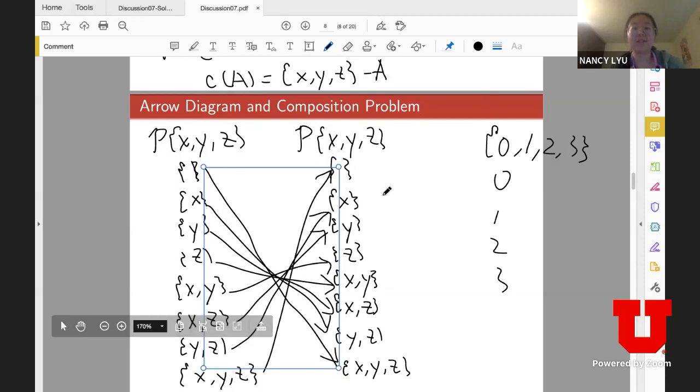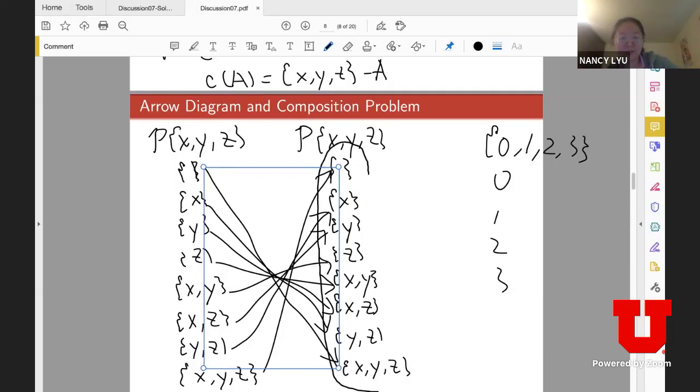So how is this part going to match up? This part is actually the domain of N. How would you match the empty set to the right-hand side?